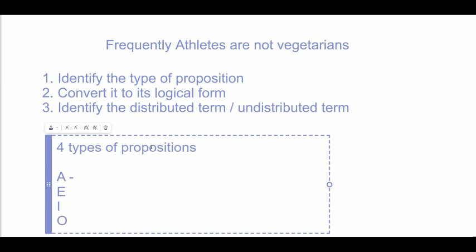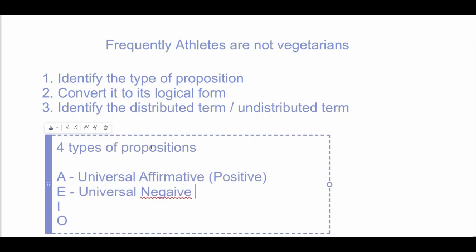Now, what does A stand for? What are E and I and O? A means all sentences which are in the A type are universal affirmative. Affirmative means positive statements. E is universal negative statements or propositions.